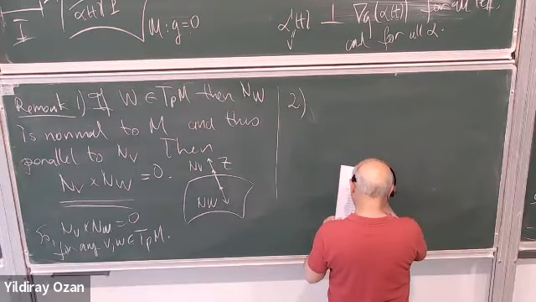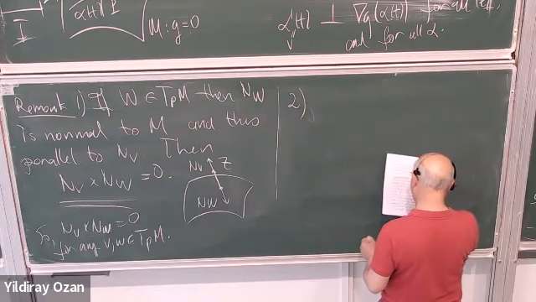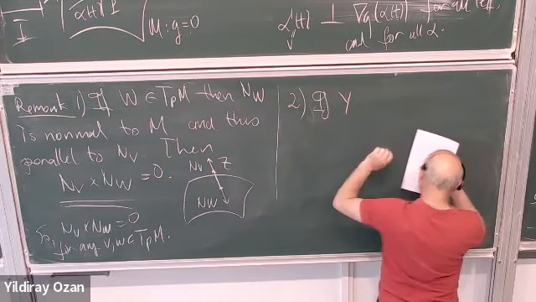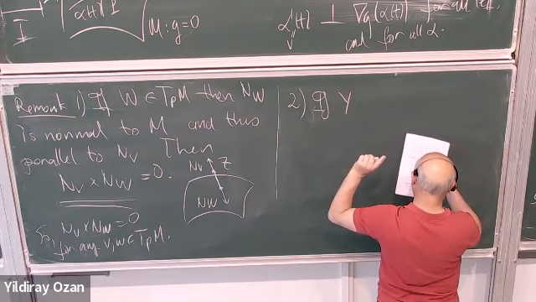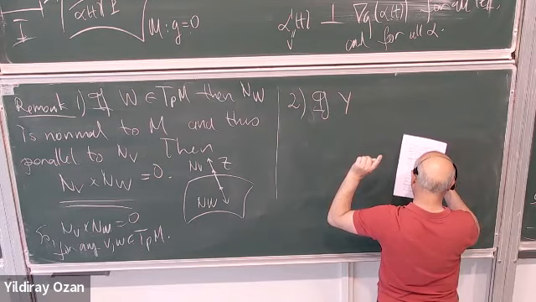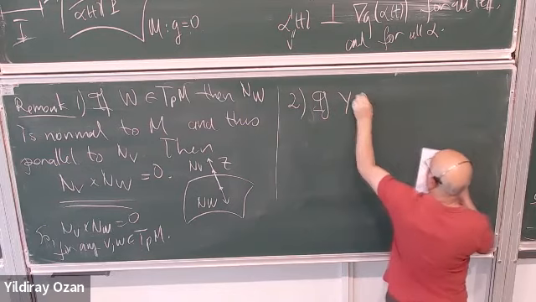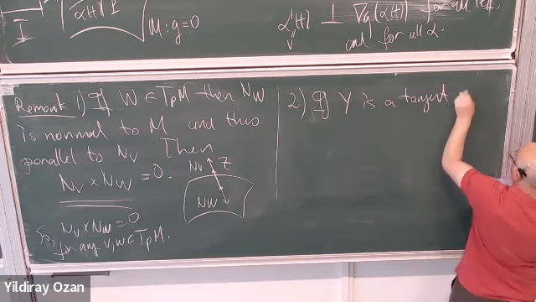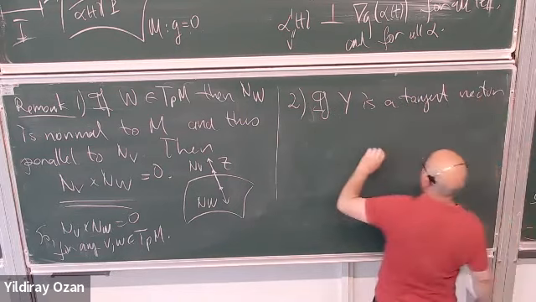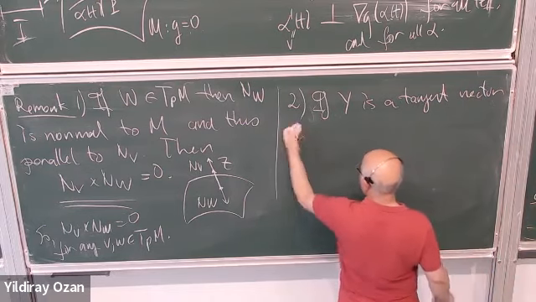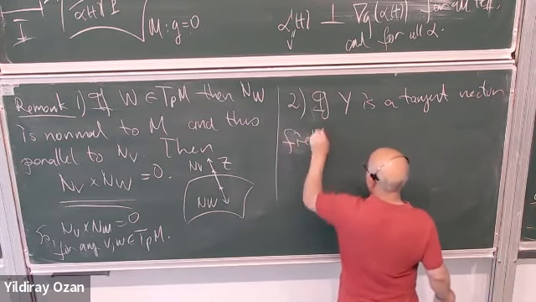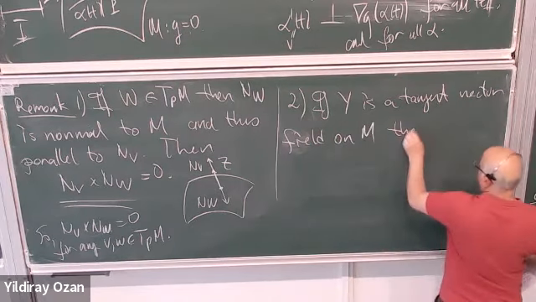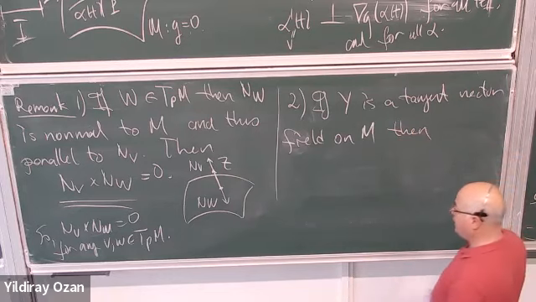What else? Okay, now if Y is a tangent vector field on M, then well, Y is tangent.